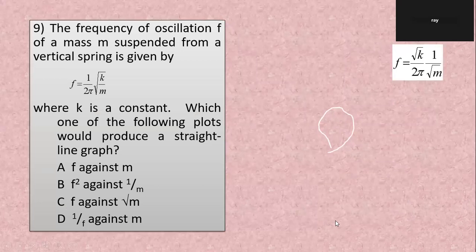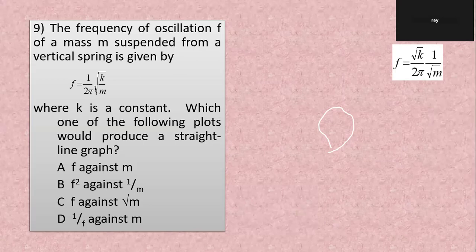Which one of the following plots will make it into a straight line? Straight line meaning from zero. It will pass through the origin. Straight line passing through origin.